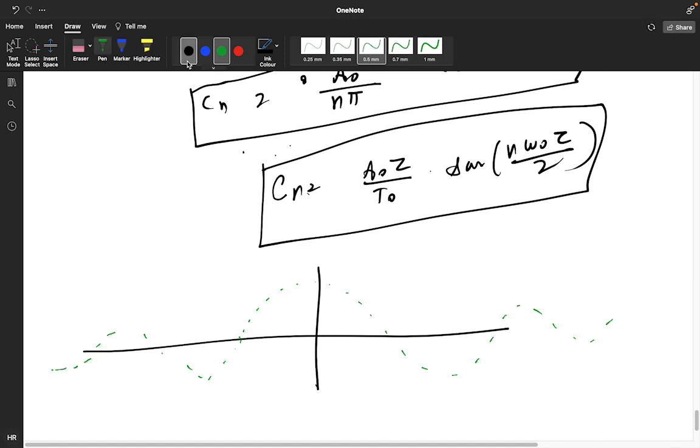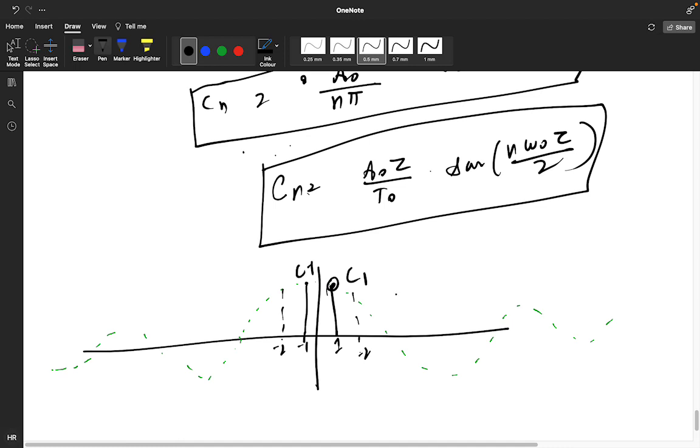Okay, so if this is a sampling function, this particular point is at 1, this particular is at -1, this particular is at -2, meaning this is your C of 1 and this is your C of -1.